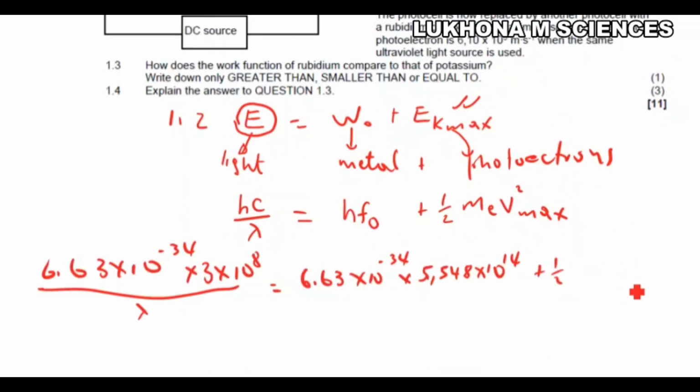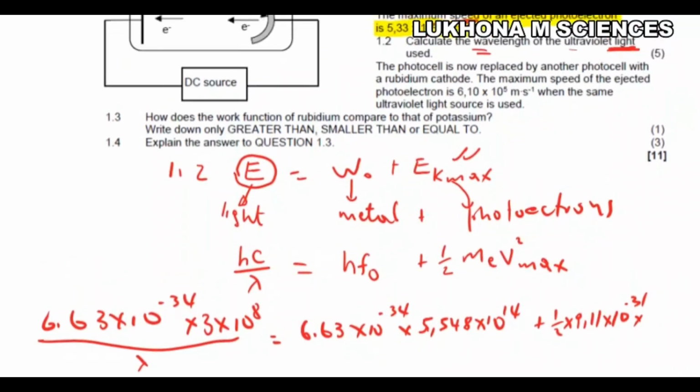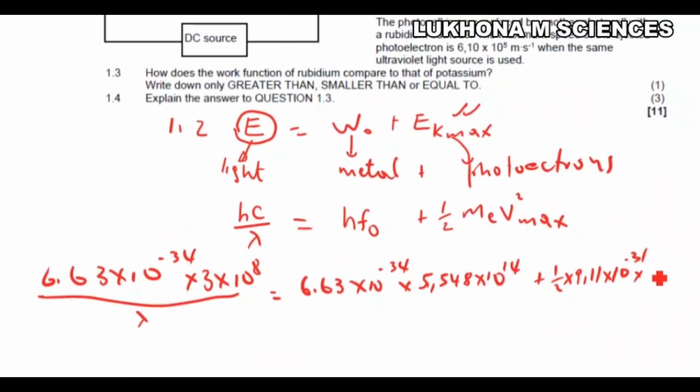the mass of the electron, which is constant, 9.11 times 10 to the power negative 31, times the speed. The speed is given as 5.33 times 10 to the power 5. Everything there is squared, right?